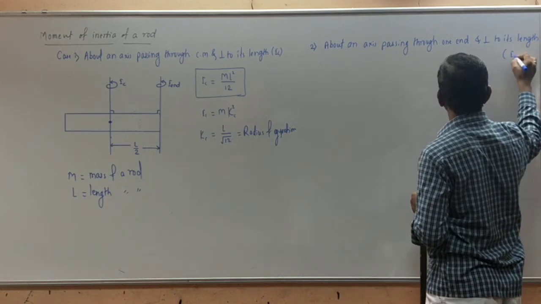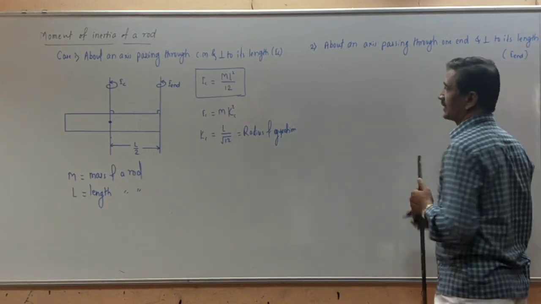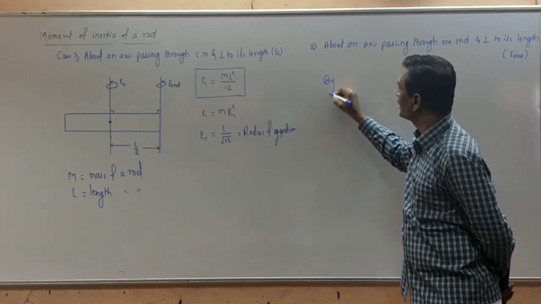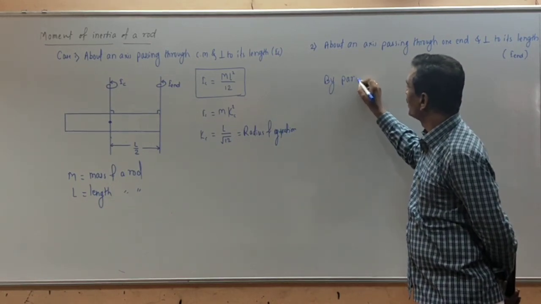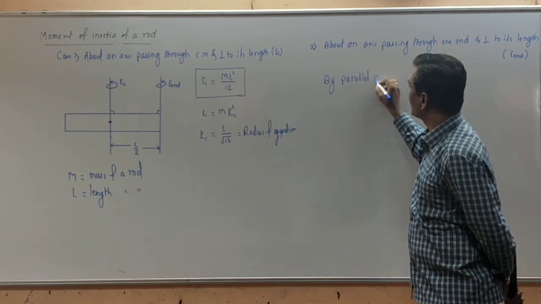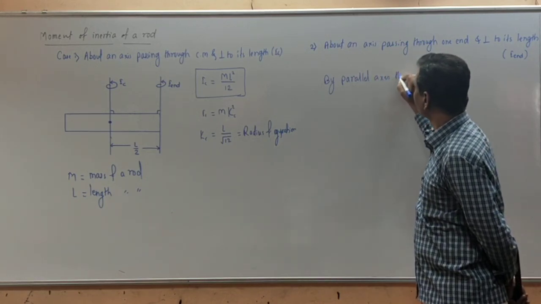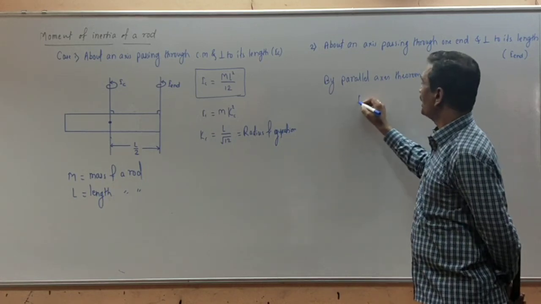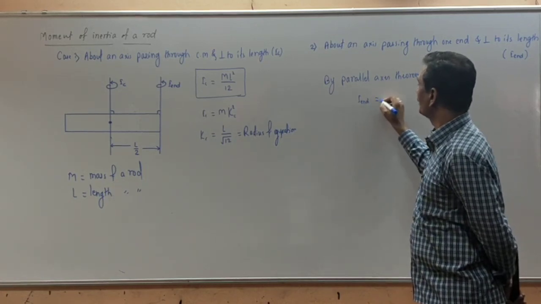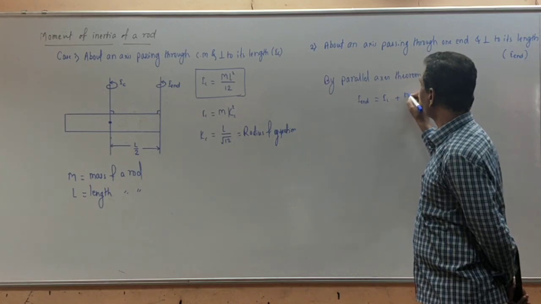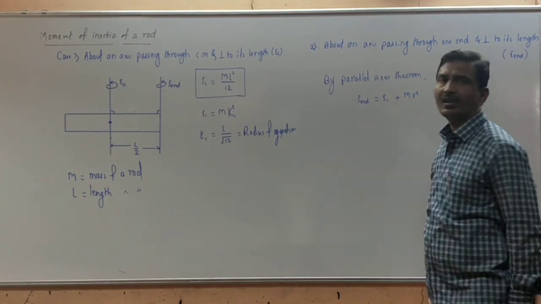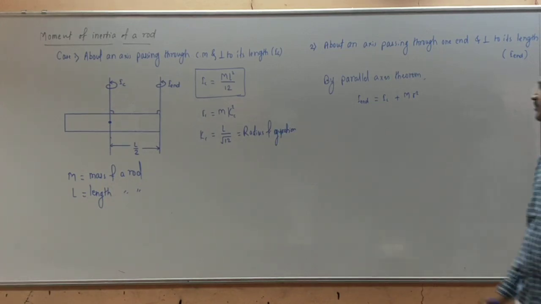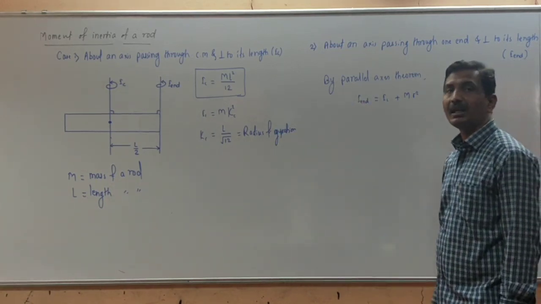Moment of inertia is denoted by I end in this case. So apply the parallel axis theorem. What is the parallel axis theorem? By the parallel axis theorem we get I end is equal to IC plus MR square. We use the letter IO for that axis, IO equal to IC plus MR square, but here IO is nothing but I end.